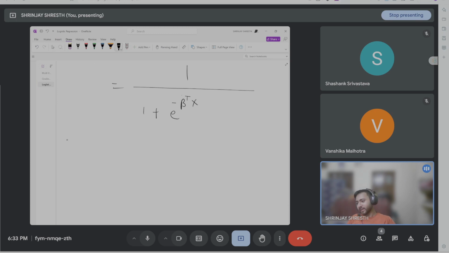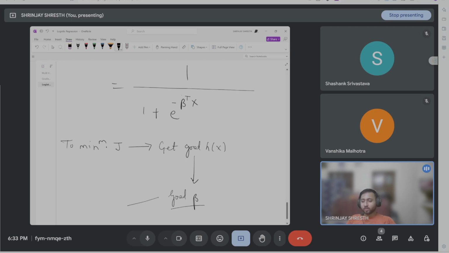Correct? What I say, to minimize your J, you have to get good h of x. And how do you get good h(x)? Get good beta.